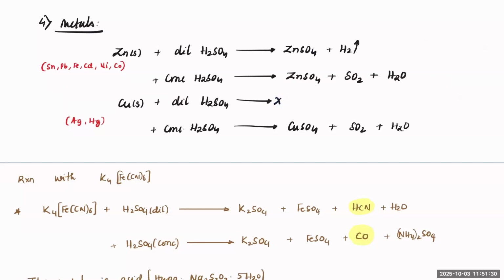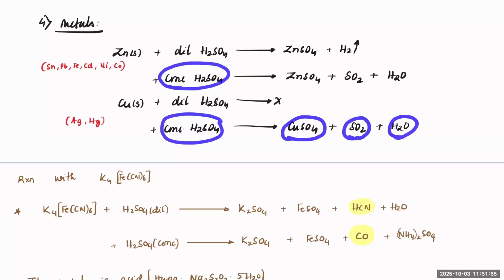The same logic applies to silver and mercury. While any metal which has reduction potential lower than hydrogen, that includes tin, lead, iron, cadmium, nickel, cobalt, they all will get oxidized as usual to give H2. And if copper reacts with concentrated H2SO4, that would have a similar effect as this one. That is copper sulfate plus SO2 plus water.